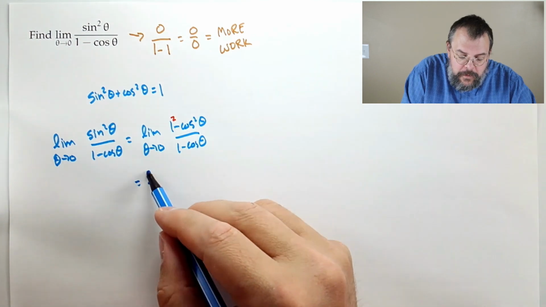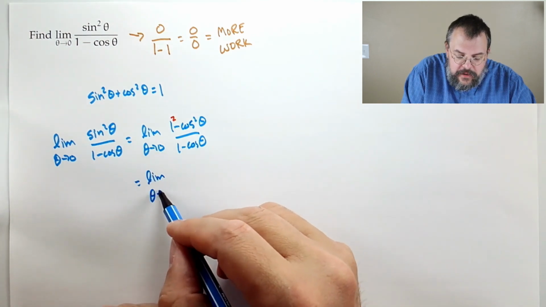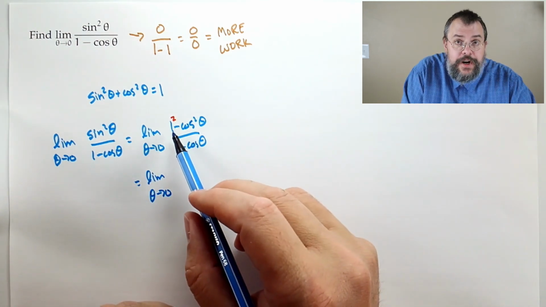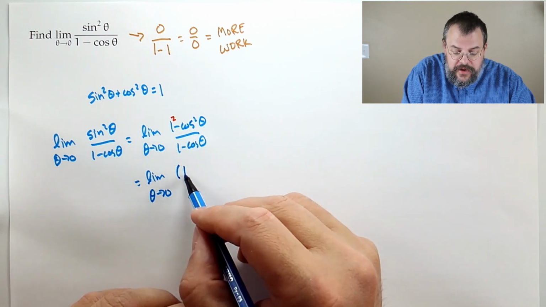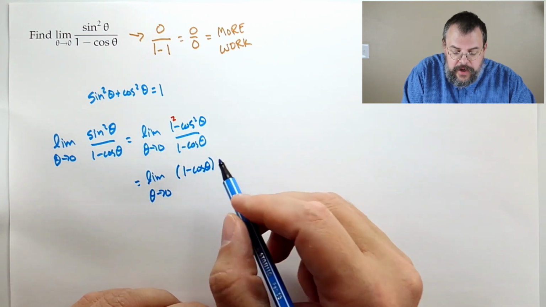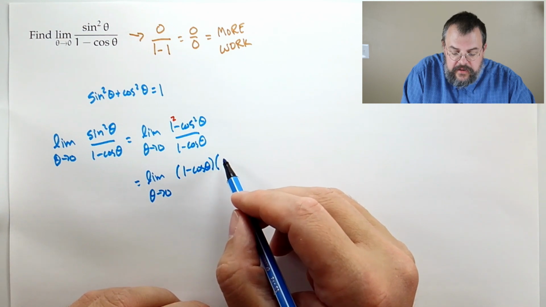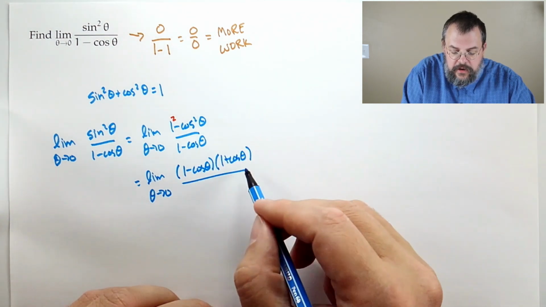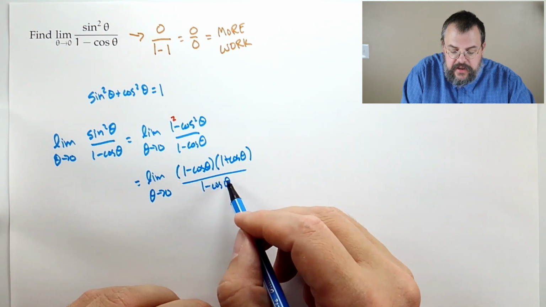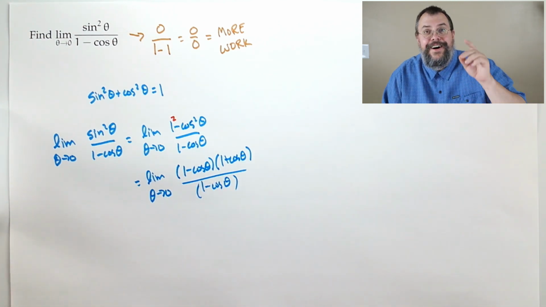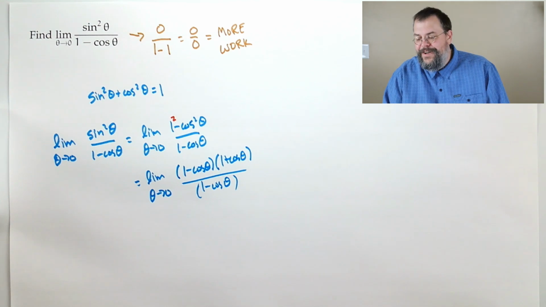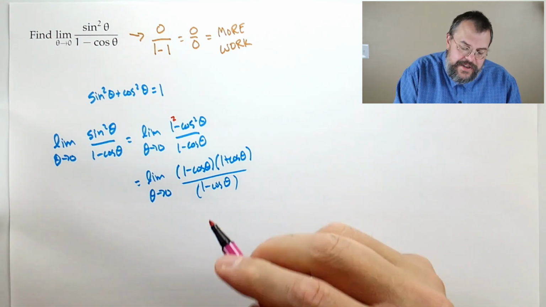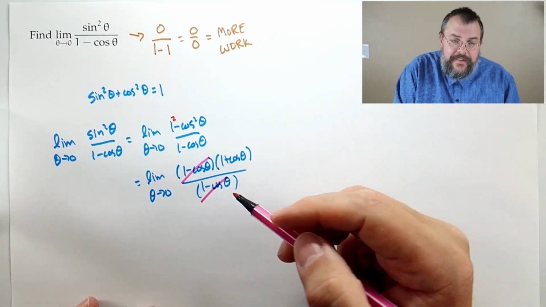Well, that tells us that's a square minus a square, and a square minus a square factors. So we get 1 minus cosine theta times 1 plus cosine theta, over 1 minus cosine theta. And now we can get cancellation. Lo and behold, the 1 minus cosine thetas cancel out.